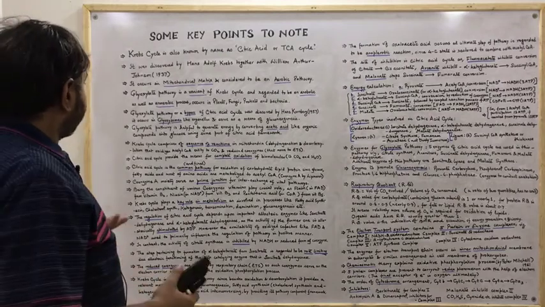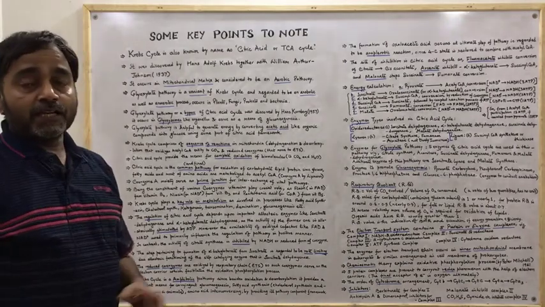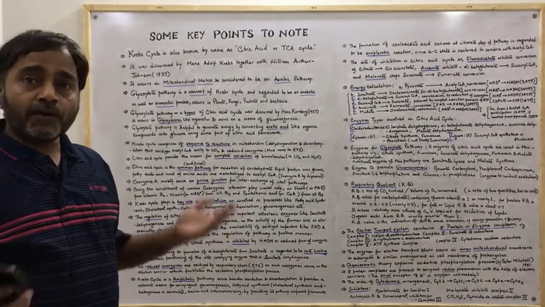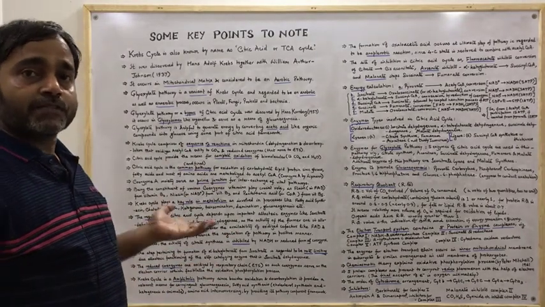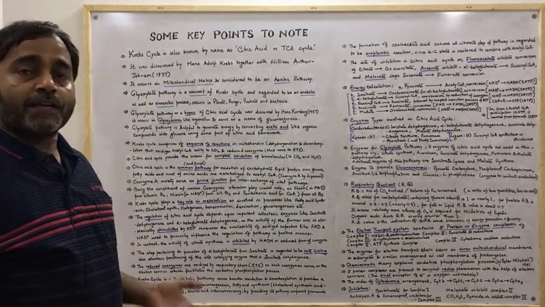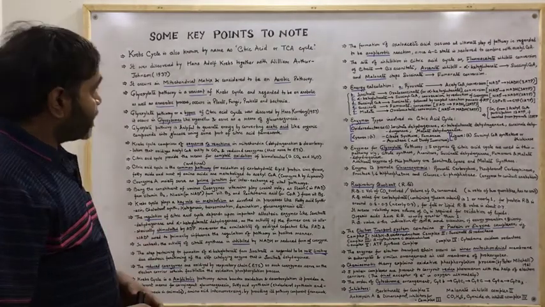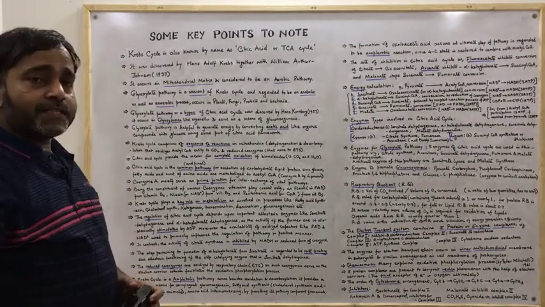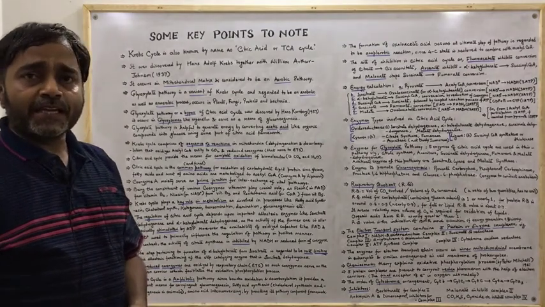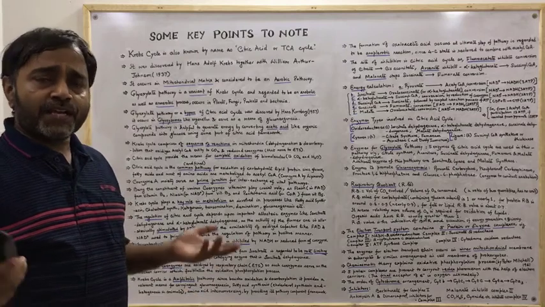So what is the next point? Glyoxylate pathway is a variant of Krebs cycle. Now here I am talking about glyoxylate pathway. What is glyoxylate pathway? It is a bypass of the Krebs cycle where a new compound is synthesized which is known by the name glyoxylate, and it is just similar to that of Krebs cycle, but it can utilize organic acids like that of acetic acid.